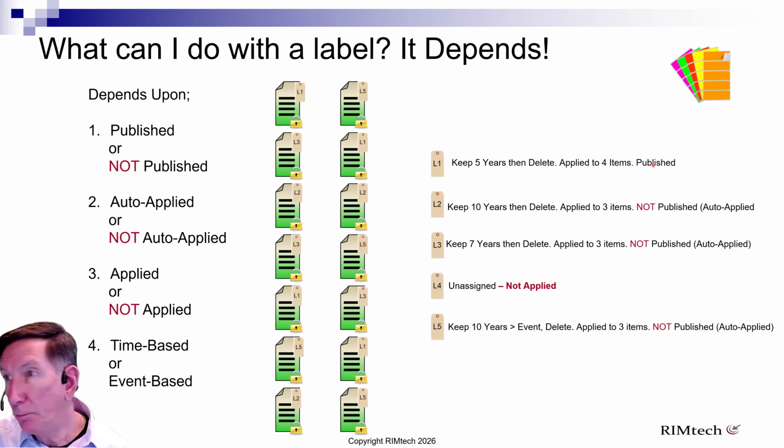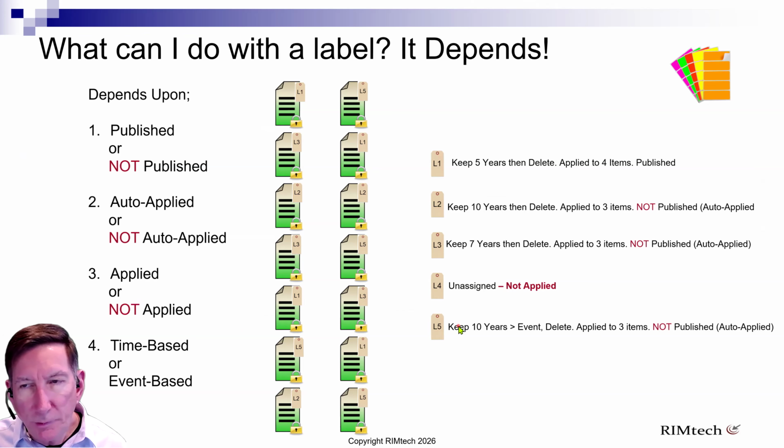Not that I would ever do that, but it could have been published, right? Label 2, applied to 3 items, has not been published. It's been auto-applied. Label 3 is a different retention period applied to 3 items, also not published. And label 5 is event-based, but not published because it was auto-applied.